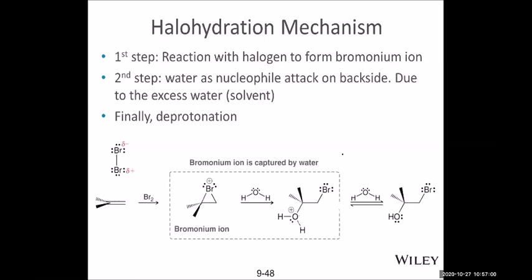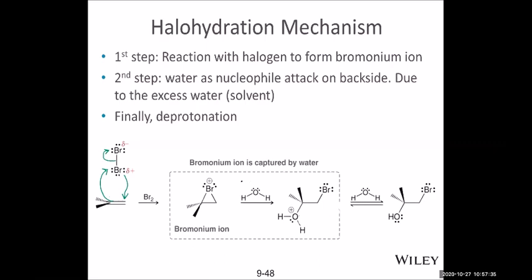The very first step is very similar, a three-arrow pushing. The pi bond forms a bond with this, and one lone pair forms a bond with this carbon, and this bond breaks, giving bromide as a leaving group, and then you form the bromonium ion. Next, if you remember from the halide addition, we add the halide ion.